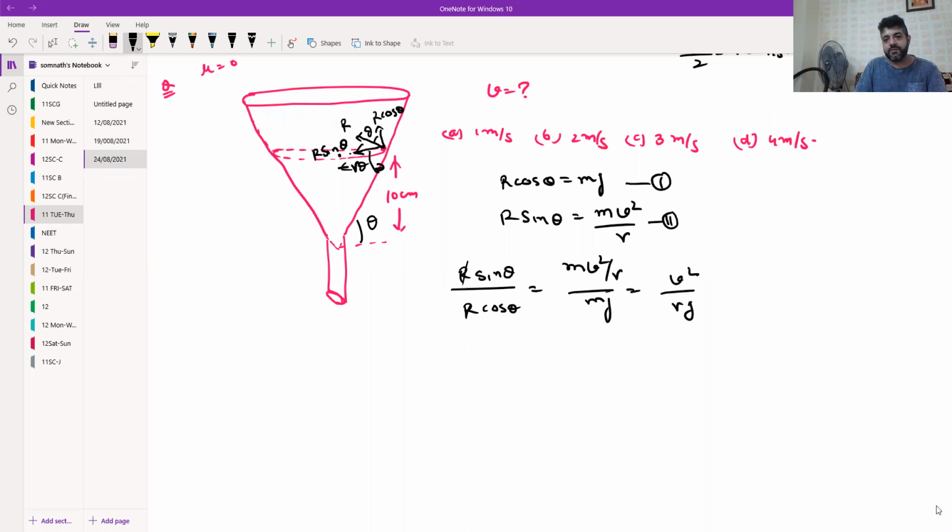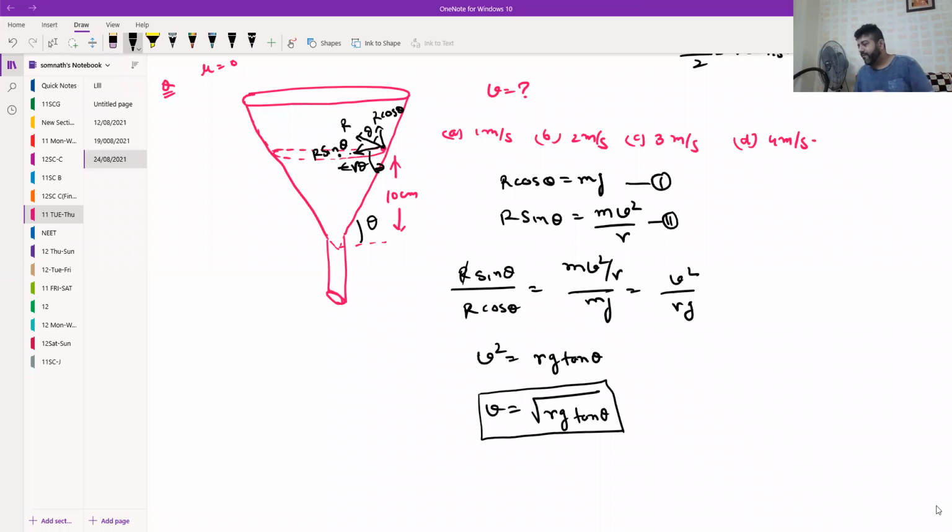V square equals rg tan theta, v equals root under rg tan theta. Clear everyone?